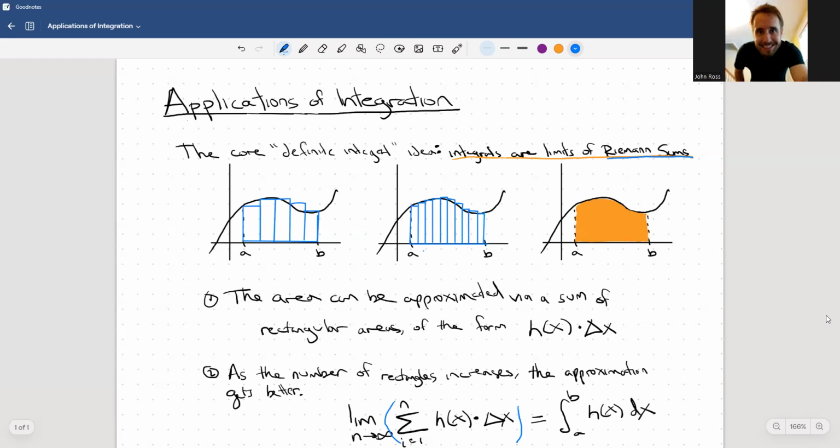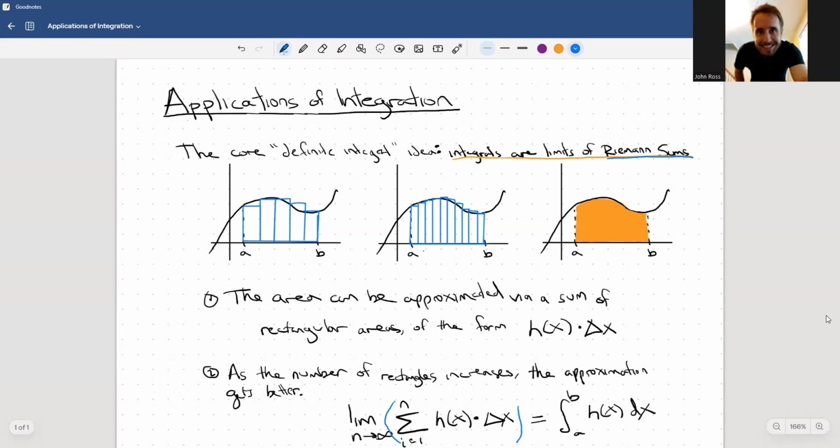What we see here is that this is the Riemann sum. It's a sum of n different areas of n different rectangles, each of which has the form height times width. What we see then is that if we take that approximation, if we take that summation, we get an approximate area.